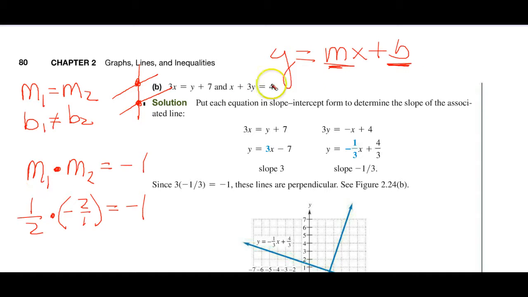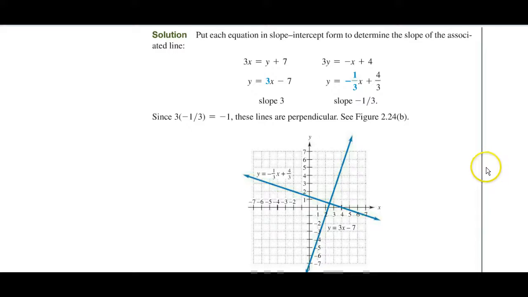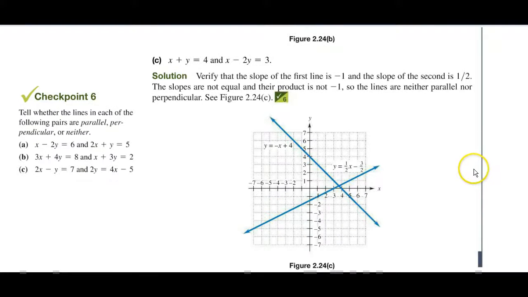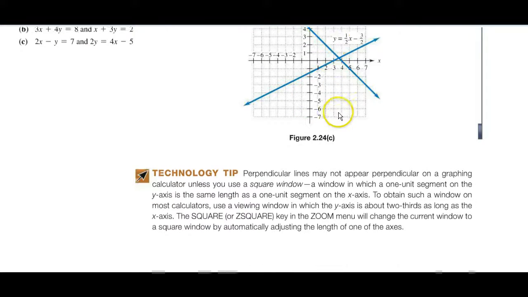If the product of these two slopes is a negative one, then the lines are perpendicular. We see a little bit of it there. And that's the background for this. So, part of it would be to solve the equations for y and compare the slopes.